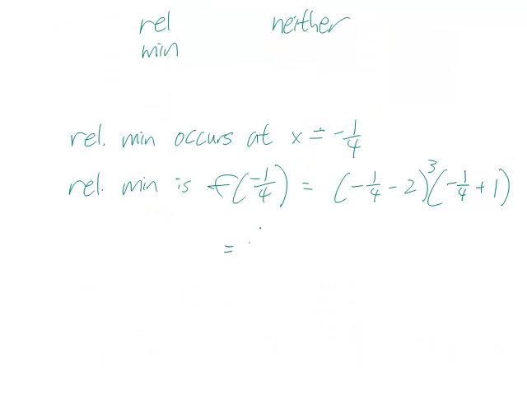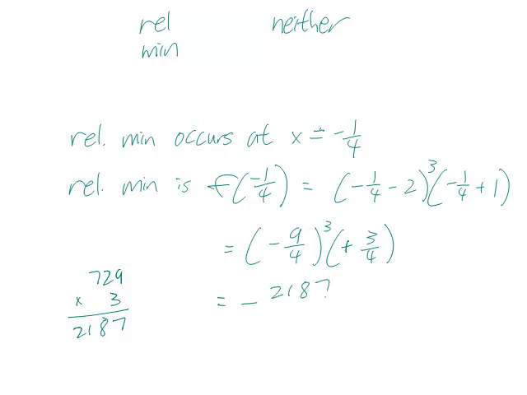So that's (−9/4)³ times 3/4. Negative 9 cubed is 729, so the answer is negative 729 times 3, which is 2187, over 4 cubed times 4, that's 16 squared, or 256.